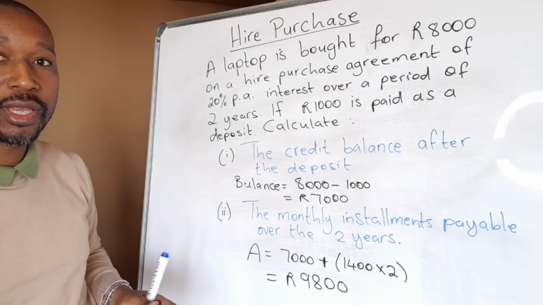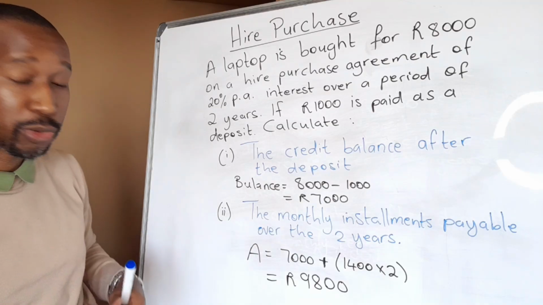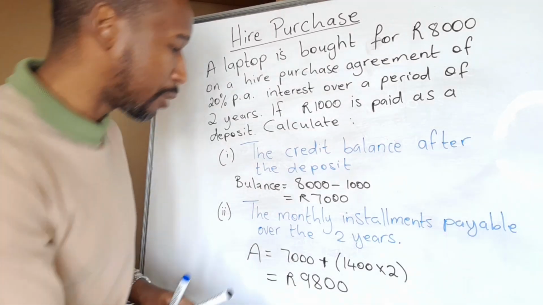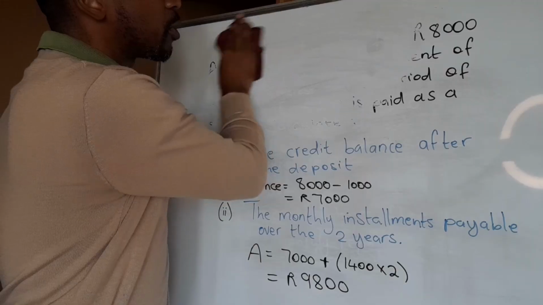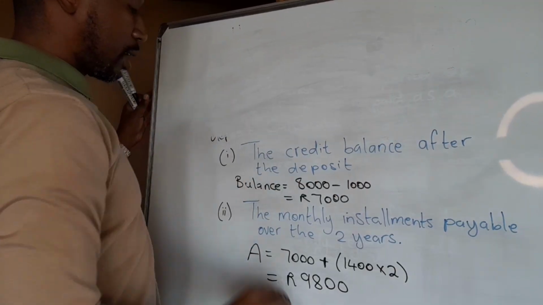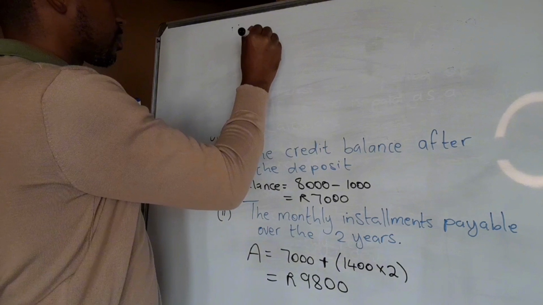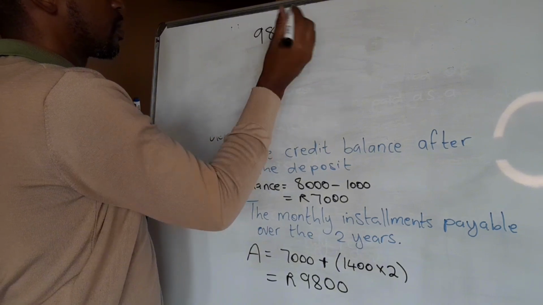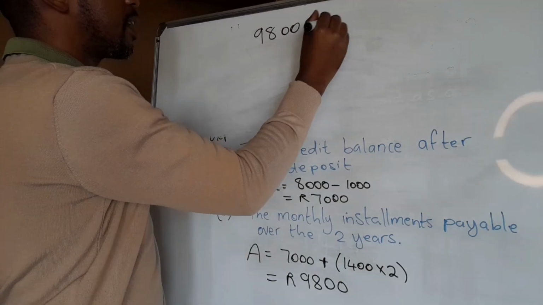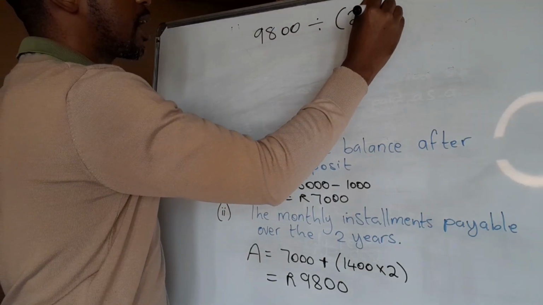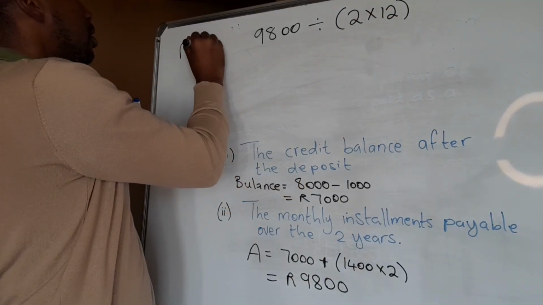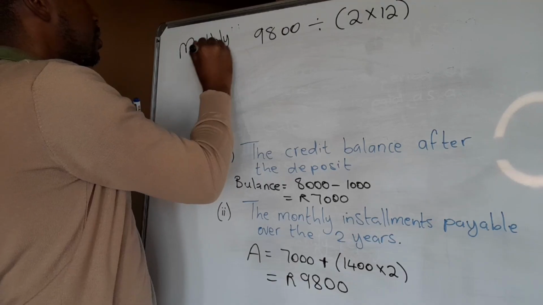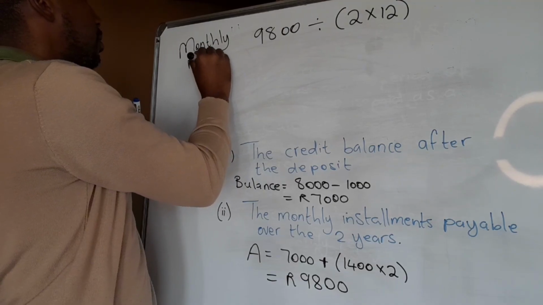Now that means that we can finally calculate how much will be payable monthly. We would take the 9,800 and divide it by 2 times 12, because for every year there are 12 months, so that would be the monthly repayments.